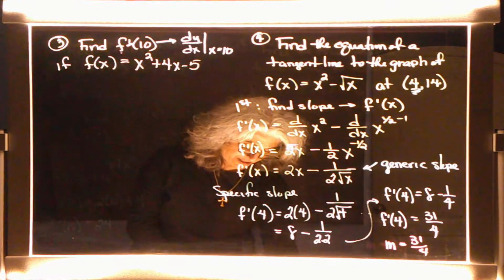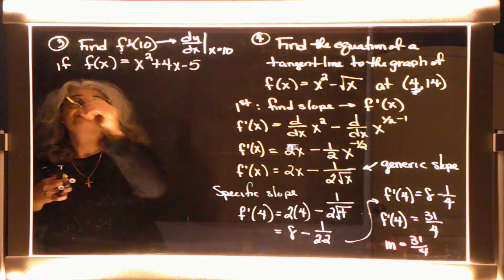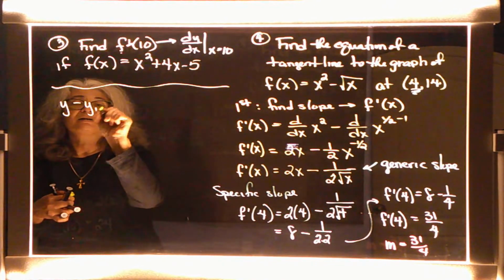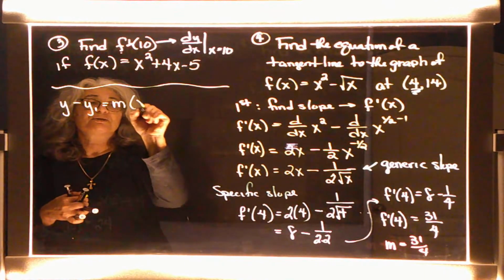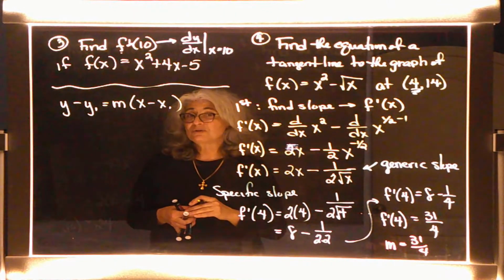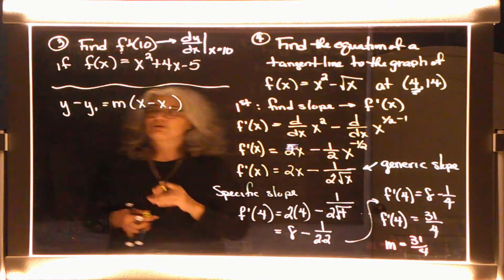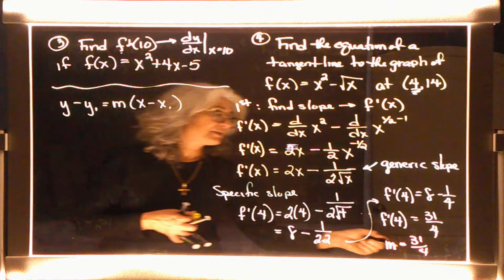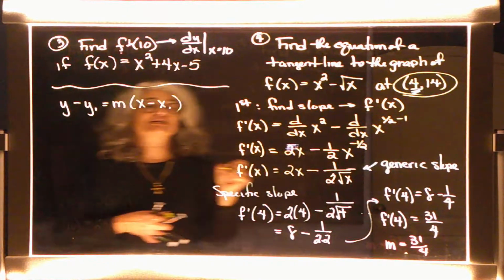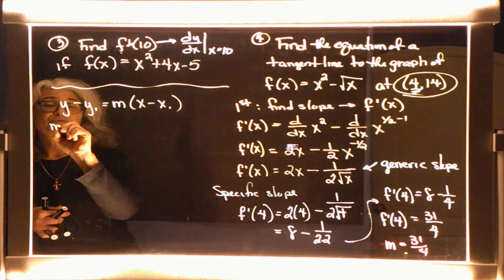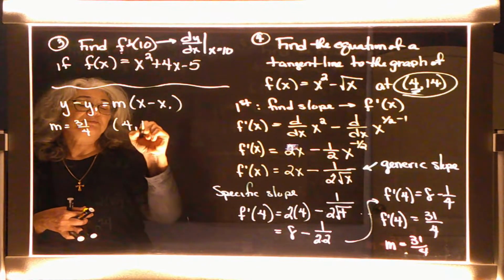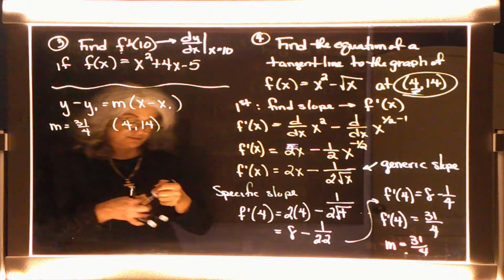And in order to find the equation of the line, I need my point-slope form. Cool? Okay, remember, the slope is 31 over 4. The point is (4, 14). And if you need to write it down over here to help yourself out, then please by all means do so.